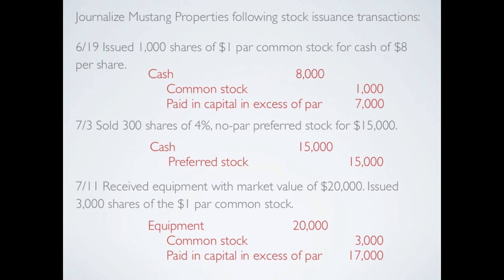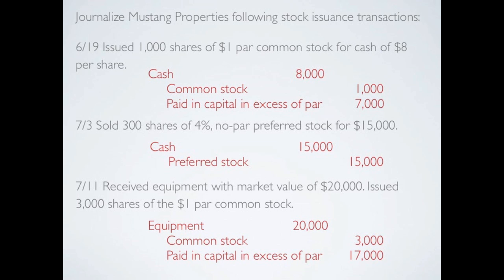The next question, before I go to the next slide: we want to calculate or prepare the paid-in capital section of our Stockholders' Equity section of the balance sheet. So look at our transactions here and think about what actually will appear in the paid-in capital section. Remember, if you're asked to calculate total paid-in capital, you are not simply looking at the paid-in capital in excess of par.